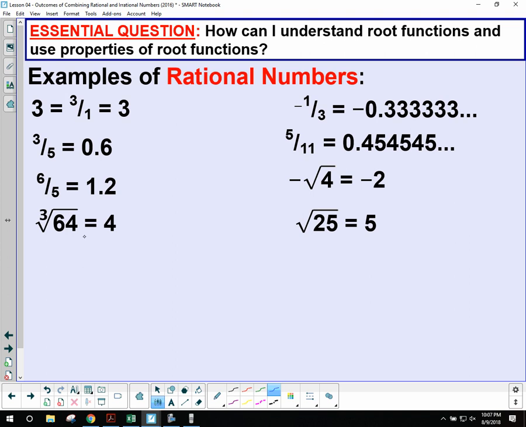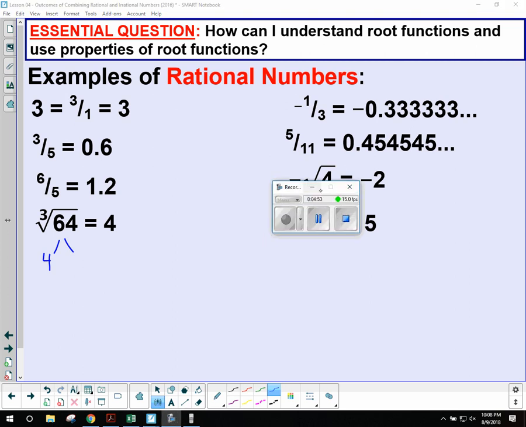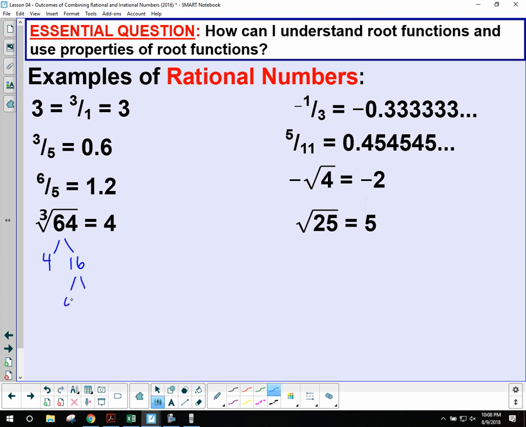If we were to break this up, let's see, how many times does 2 go into 4? 16, 4 and 4, you get 3 pairs of 2s, but that 6 is rational because we get this whole number.